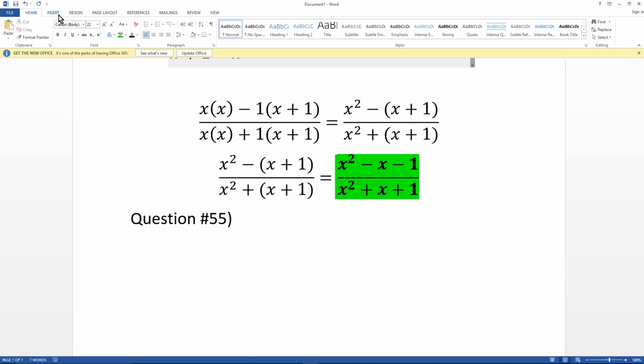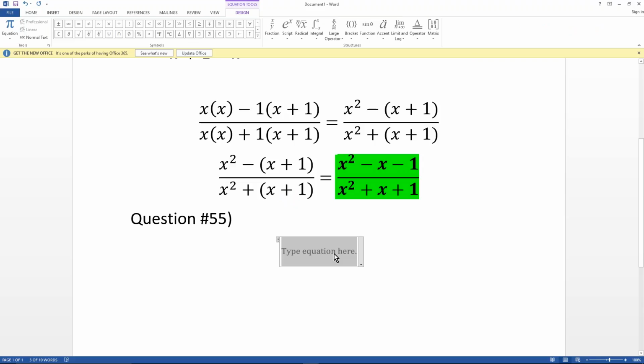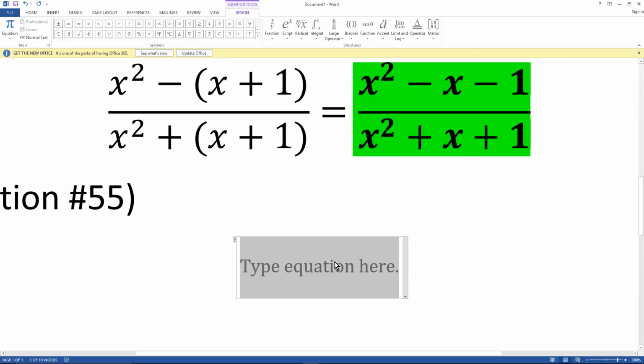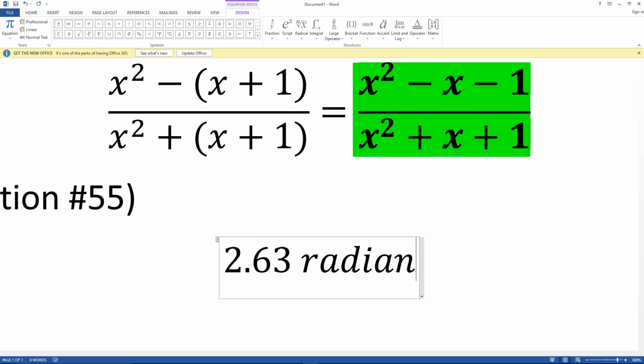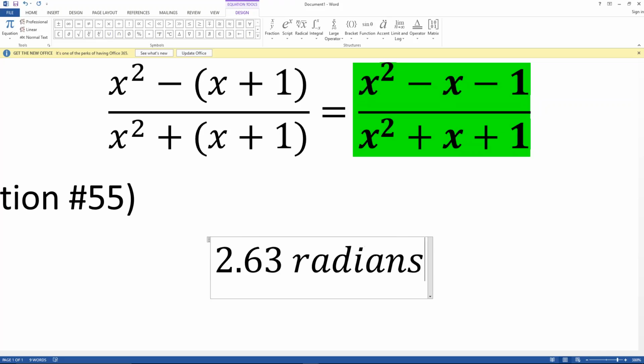So we have 2.63 radians, and we are converting to degrees.